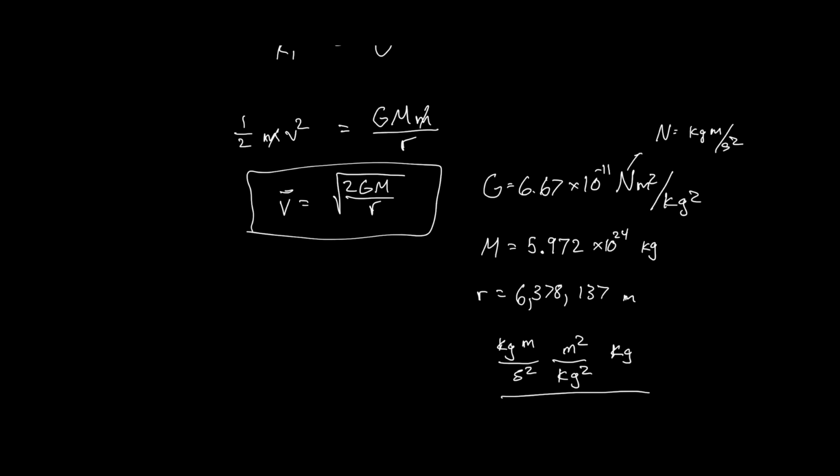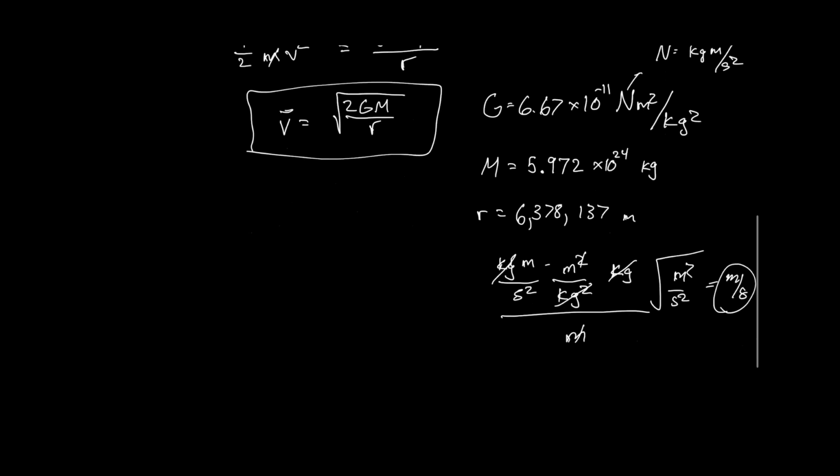So one of our meters goes away, our kilograms all go away. What are we left with? We have 2 meters, so we're left with meter squared over second squared. The square root of that is meters per second, and that is exactly what we need, so you know that you did it correctly. So you should always check your units and make sure that it came out correct.